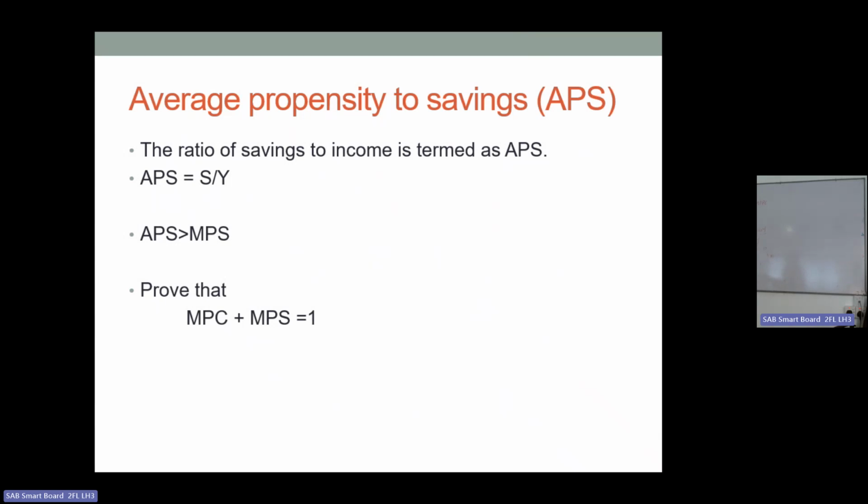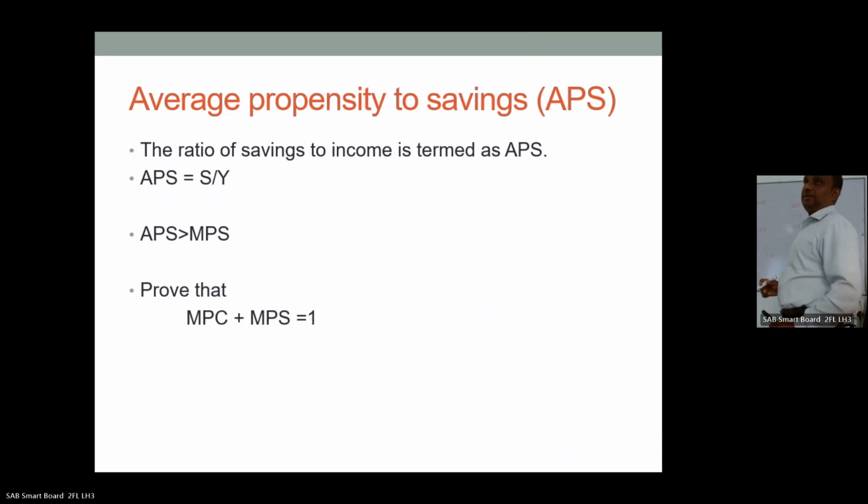So you can see that MPC plus MPS also equals 1, because delta Y equals delta C plus delta S. The change in Y is explained by the change in consumption due to changing income plus the change in savings due to changing income.